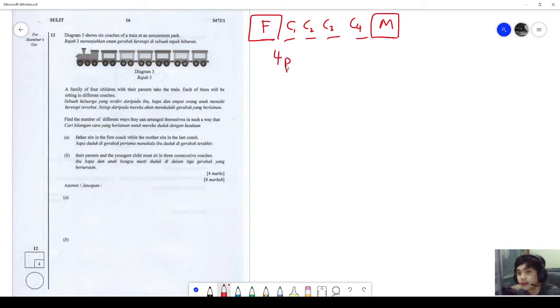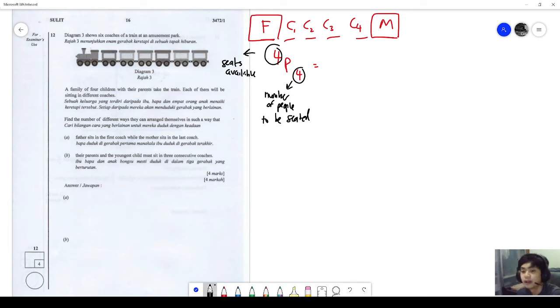So there are 4P4, because 4 is the number of seats available, and the 4 here represents the number of people to be seated. Since there are 4 seats and 4 people to be seated, we can simply do 4P4, and that will give us 24 ways. So this is A done.